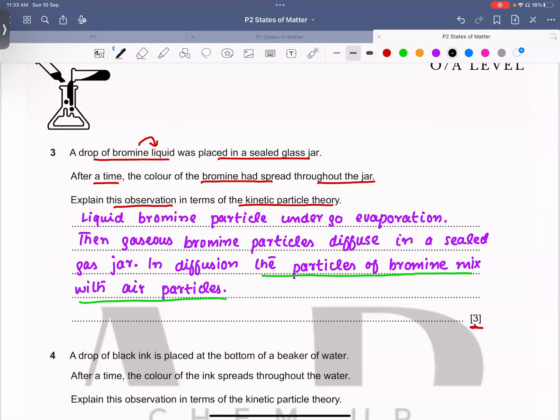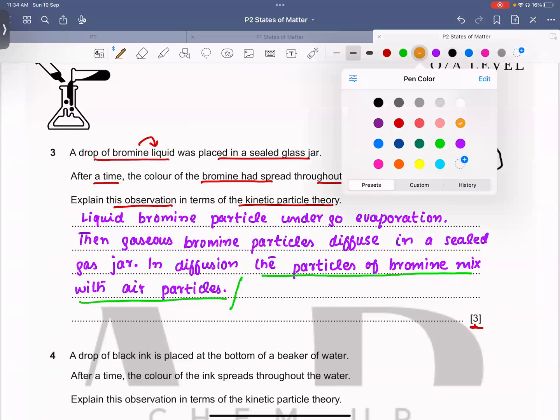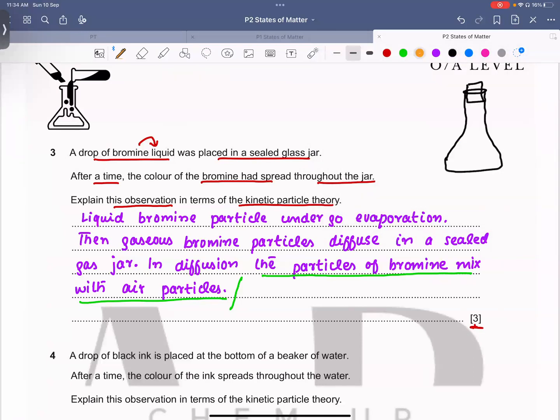Sir, but why will they go through evaporation? See, if you read the statement, they are saying that there is a sealed flask, right? And they say a drop of liquid bromine. If you recall the color of liquid bromine, it's red brown or orange. So here a drop of bromine is present.